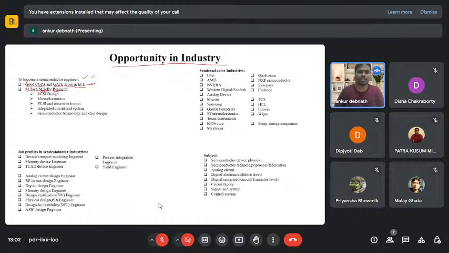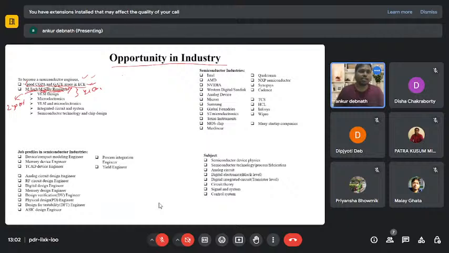MS is by research and is three years, and MTech is 2 years. MTech you can do even from an NIT or a private university. It depends on your GATE score obviously. If you have a good GATE score, you get a better college.